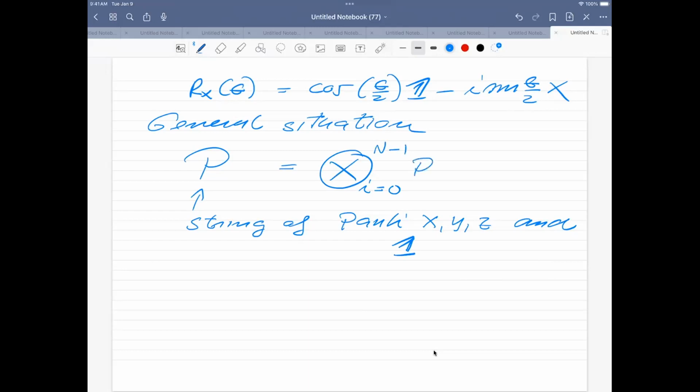And this P of i is one of these matrices, so this could be a Pauli X or Pauli Y, and these are all 2 by 2 matrices. So that's a general expression.